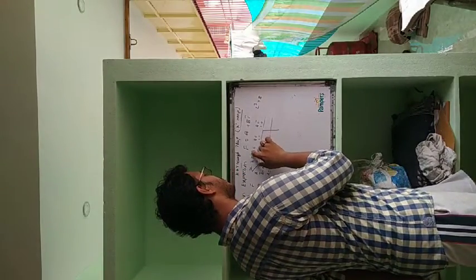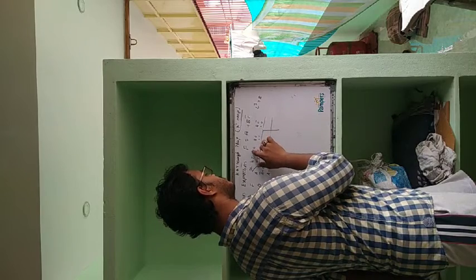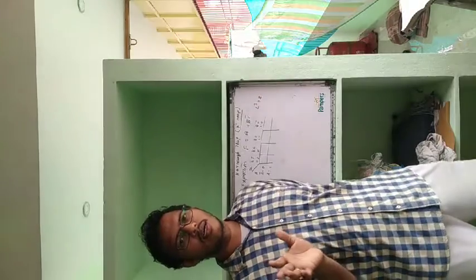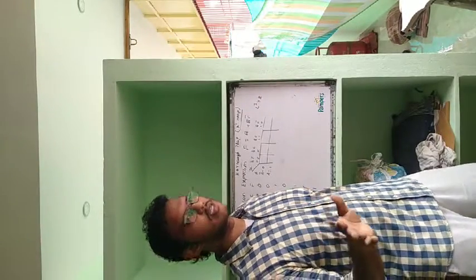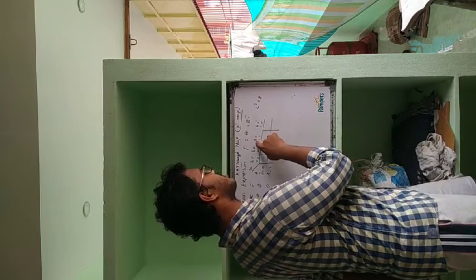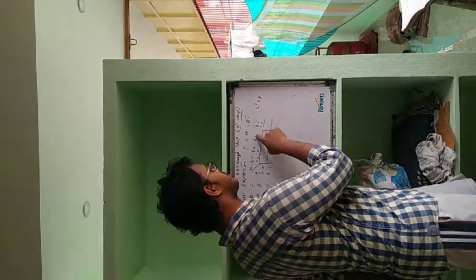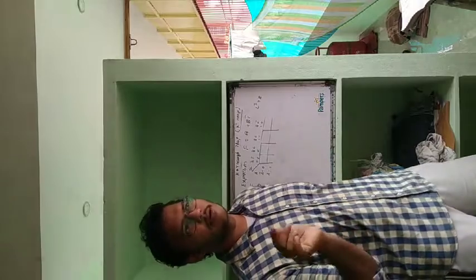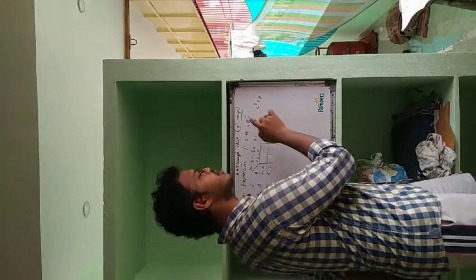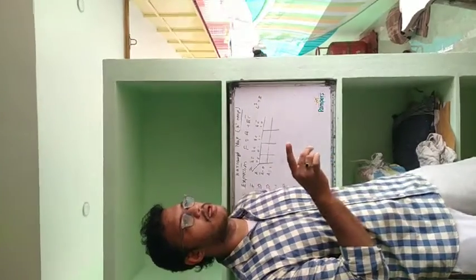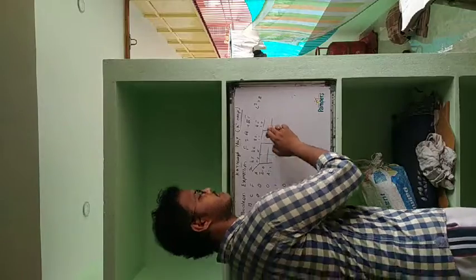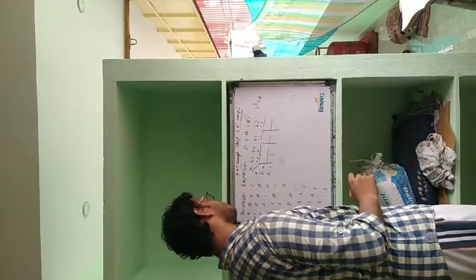So B bar C: only B is changing, C is staying constant. If you see BC, only one variable is changing. B is constant, C is changed to C complement, to the adjacent cells.